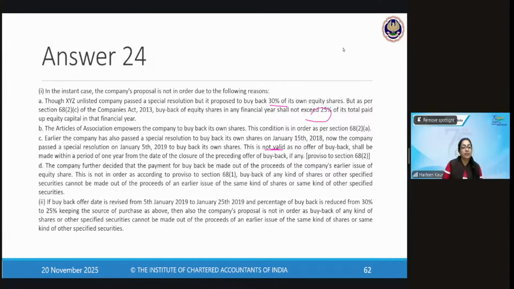The company has further decided buyback out of the proceeds of the company's earlier issue of equity only. You cannot do that. You're issuing equity only and you're buying back equity only. That is not possible. If the date is revised and the percentage is reduced, keeping the source, then the company's proposal is not in order because the buyback of any kind of securities cannot be made out of the earlier issue of the same kind of securities.